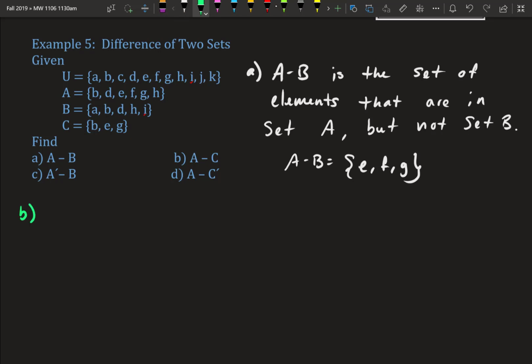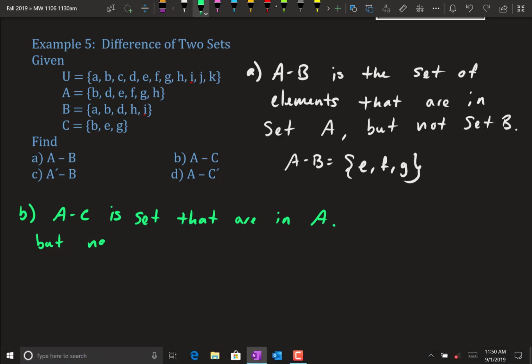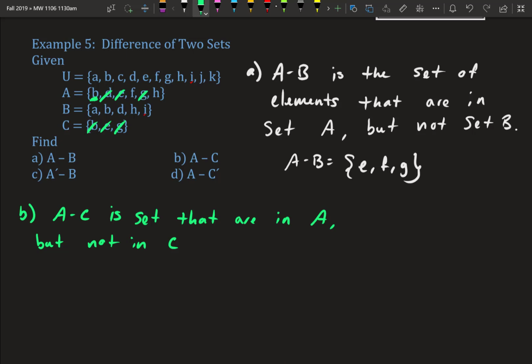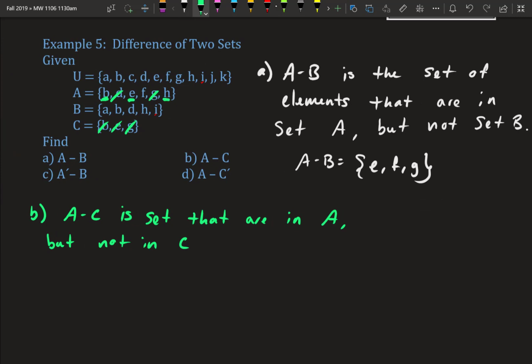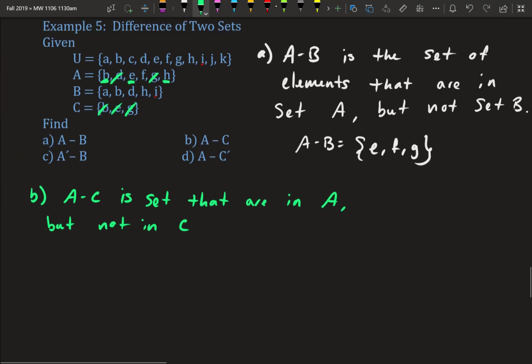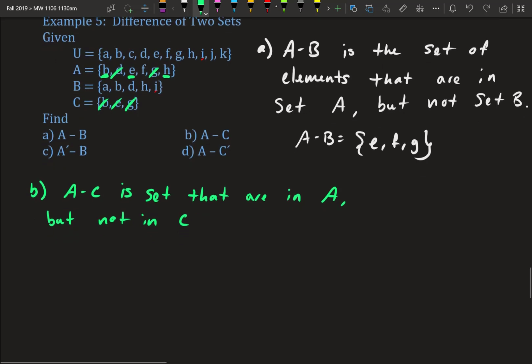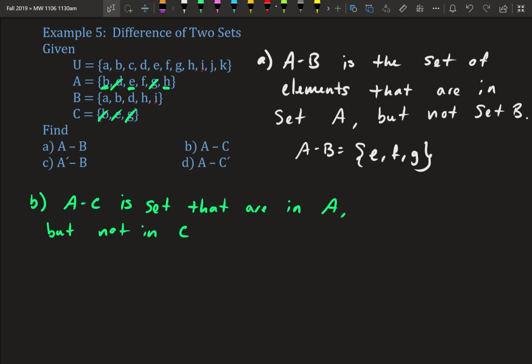Part B wants us to do A minus C. So what that is asking is the set of elements that are in A but not in C. So in A and C, what they have in common is B, E, and G. So everything else, my bad, I canceled out the wrong one.